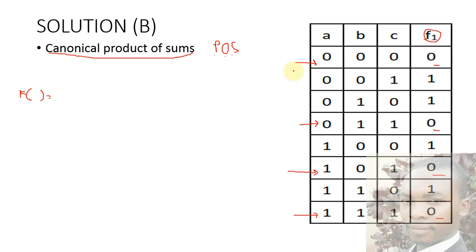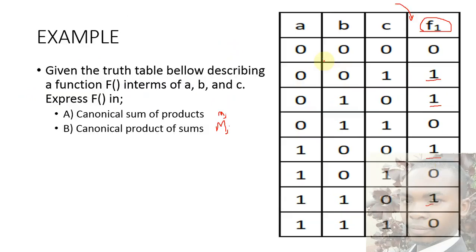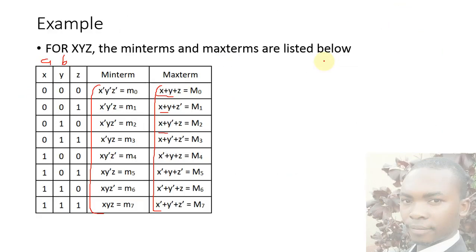So the 0 in A here in max terms is going to mean A, and then plus this one here is going to mean B, and then here plus C. And if you are wondering how I'm getting A, B, C, why am I not complementing them since they are 0, we said that a max term is an opposite of a min term.